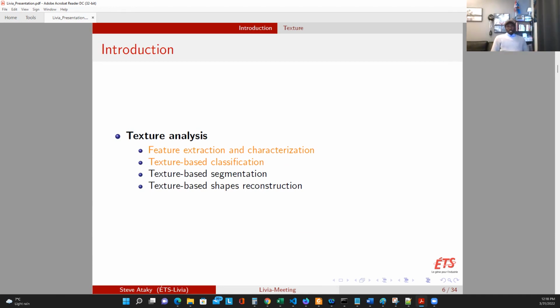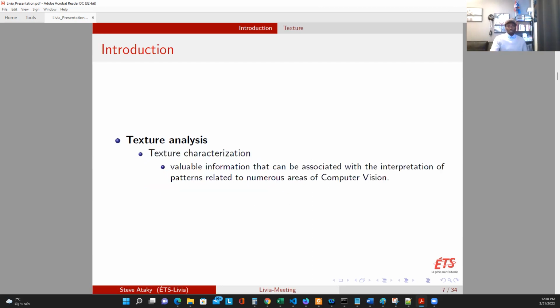In texture analysis, we have texture feature extraction and characterization, texture-based classification, segmentation, and shape reconstruction. But in our research, we are relying on characterization and classification.